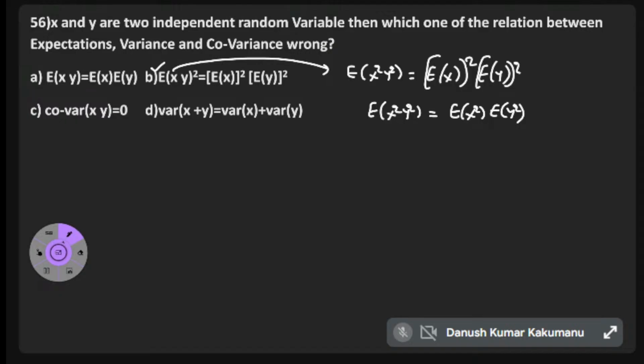But it is given as mean of x whole squared, mean of y whole squared. So that is wrong, and this is the correct answer. That is also an expectation, very important concepts.